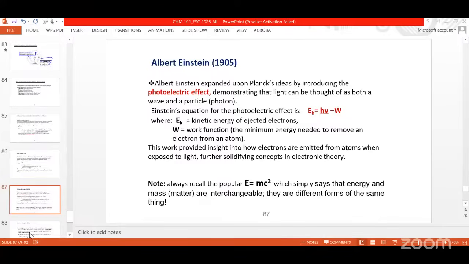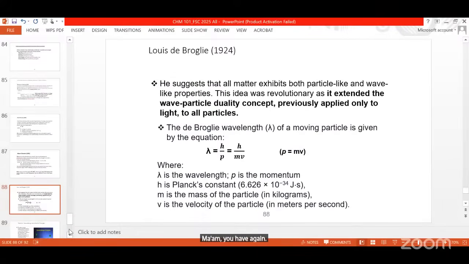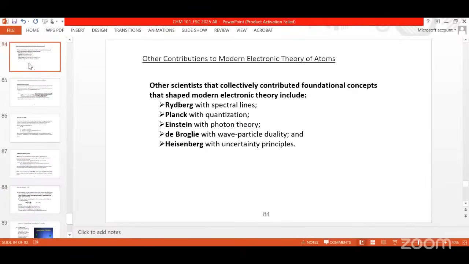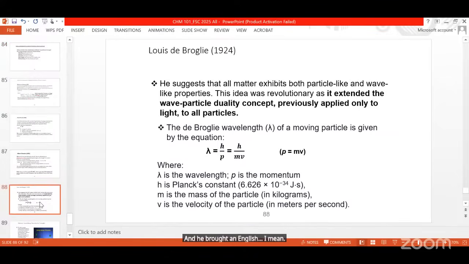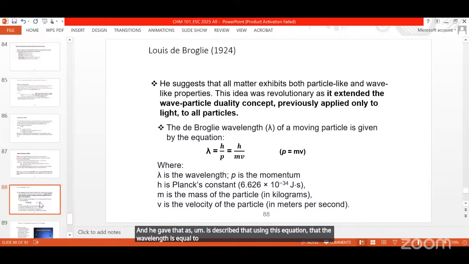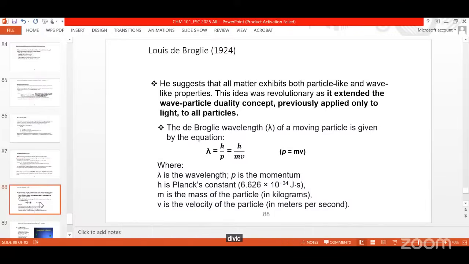Now you have again the de Broglie. The de Broglie looks at the wave and particle duality of light again, and he brought an equation of a moving particle. He described, using this equation, that the wavelength is equal to the Planck constant divided by the momentum.